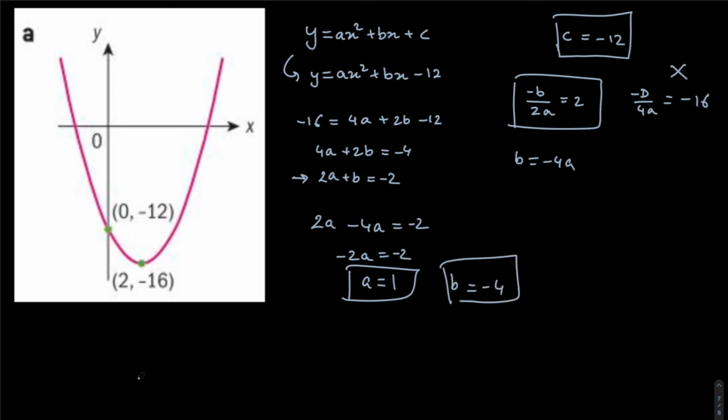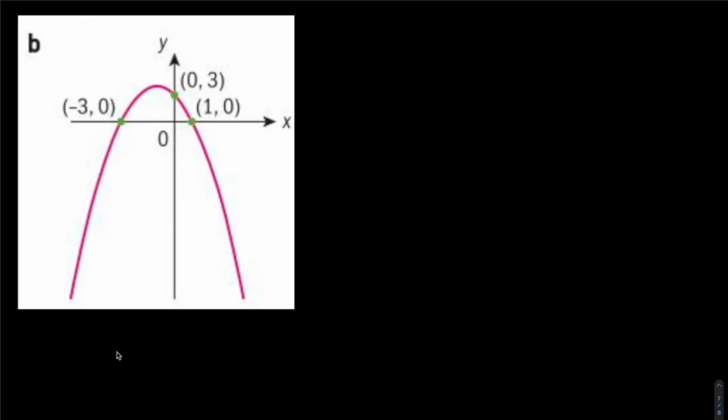So now our final equation comes out to be y is equal to x squared minus 4x, and c is minus 12. So minus 12. This is my final answer.